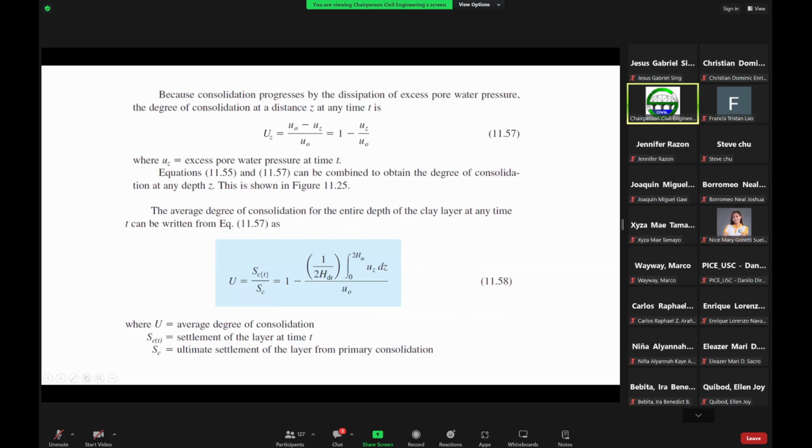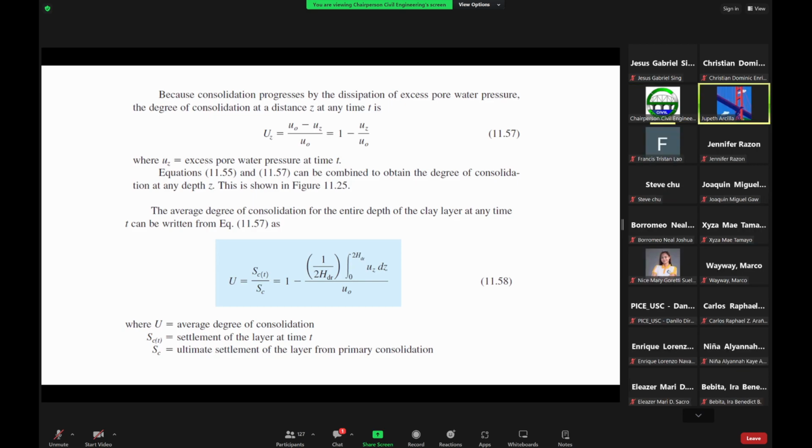Now to get the average degree of consolidation for the entire depth of the clay layer at any time t, as given in equation 11.57, it can be given by this equation here, where U is the average degree of consolidation, S sub C T is the settlement of the layer at time T, and S sub C is the ultimate settlement of the layer from primary consolidation, which is given by this equation here.